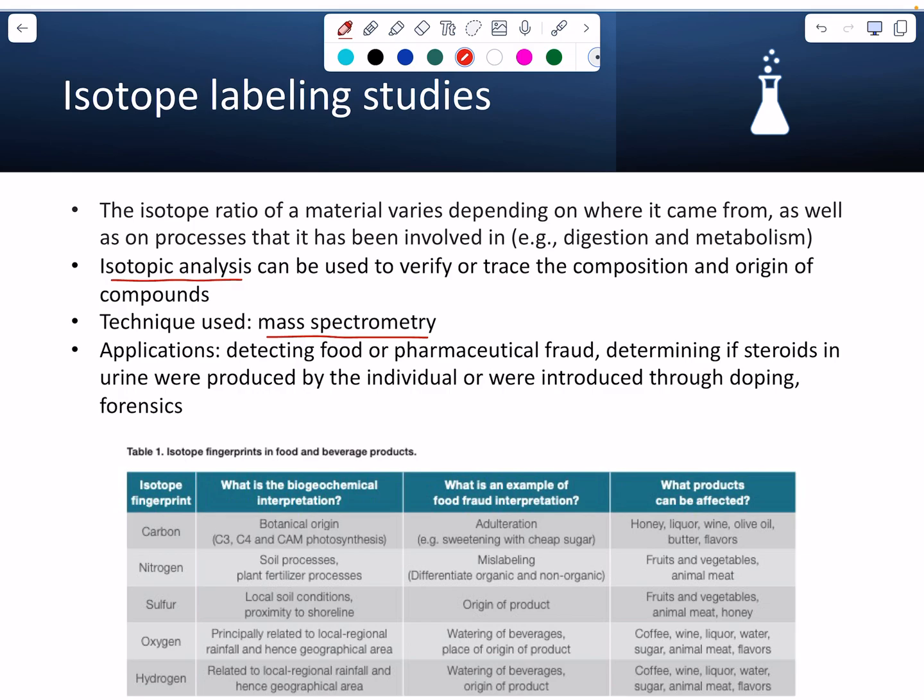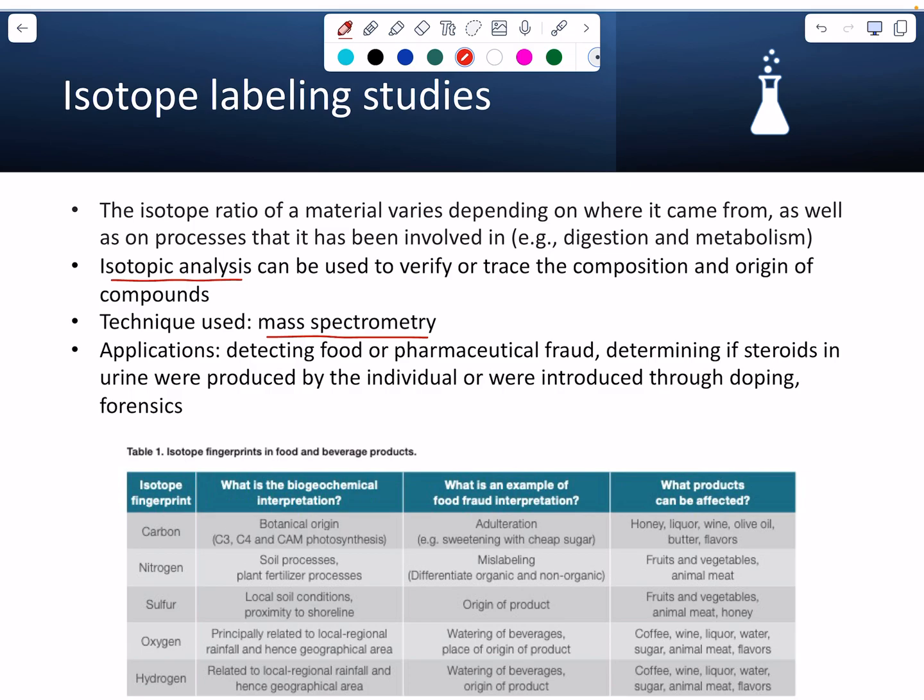It basically measures how the material flies, and if it's heavier, if it's got more neutrons in it, it's going to fall faster. If it's lighter and has fewer neutrons, it's going to fly differently through this chamber. So we can get what are essentially fingerprints of compounds, and tell something about where they came from.